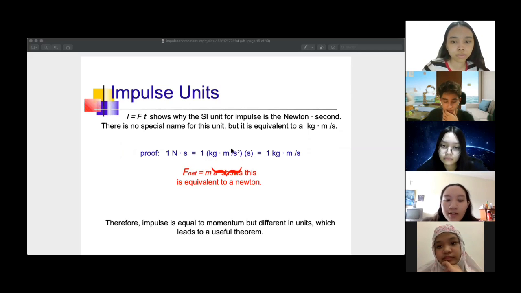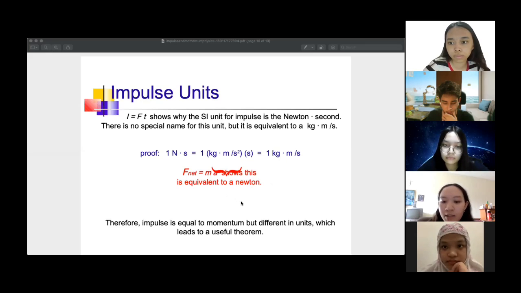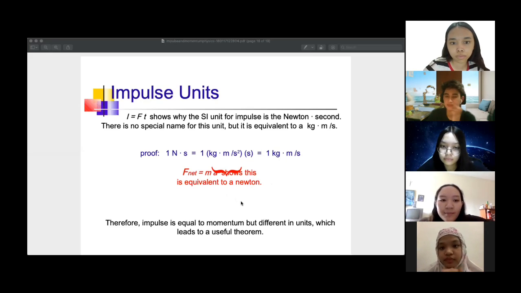There is no special name for this unit, but it is equivalent to a kilogram meter per second. F net equals m times a shows this is equivalent to a Newton. Therefore, impulse is equal to a change in momentum but with different units, which leads to a useful theorem.